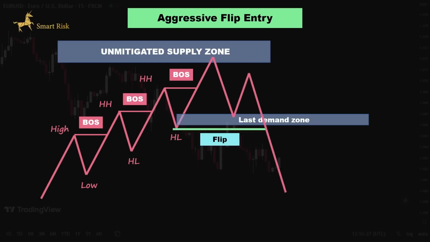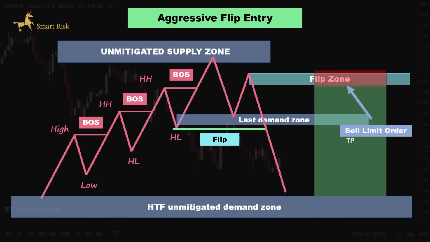Based on the aggressive entry, after identifying the correct flip pattern, first, we should highlight the flip zone created by the wave, which flipped the recent demand zone. Then we set our sell limit order at the lowest point of the flip zone, and we wait for price to activate our order. Also, we should place our stop loss a couple of pips above the flip zone, and we should target the next unmitigated demand zone as our take profit.